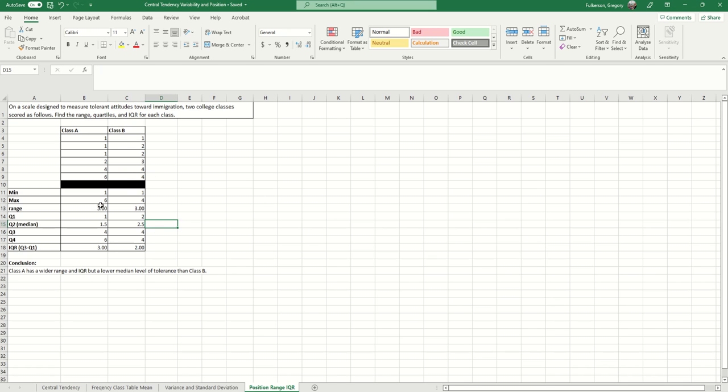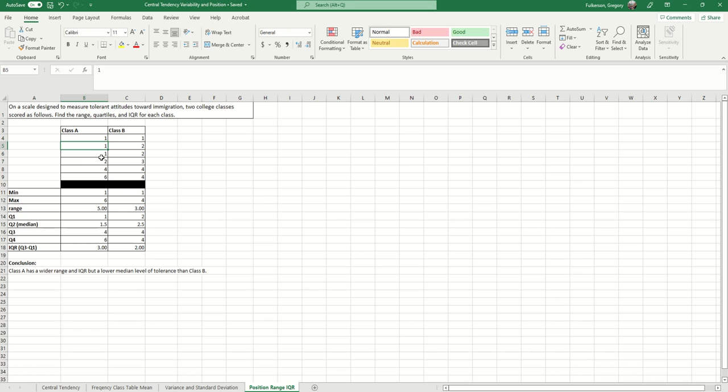Okay, so then when you're looking at the first quartile, you're looking at what is the middle score between the median and the lowest value. So if you look at the score between the median, which is somewhere between rows 6 and 7 here, and the lowest value, we have three scores here.